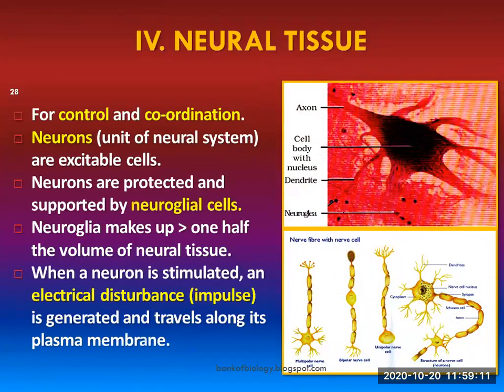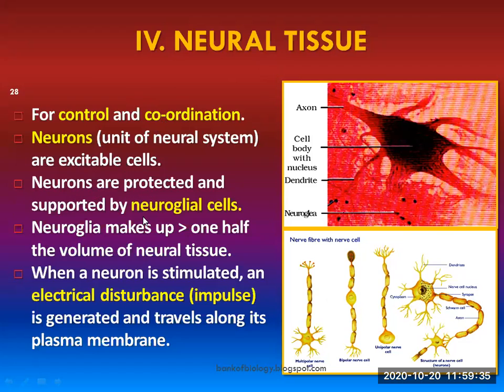So finally, neural tissue. The tissue for control and coordination. Neurons, which we say are the units of the neural system, are excitable cells. Neurons are protected by the surrounding cells, which we say are neuroglial cells.